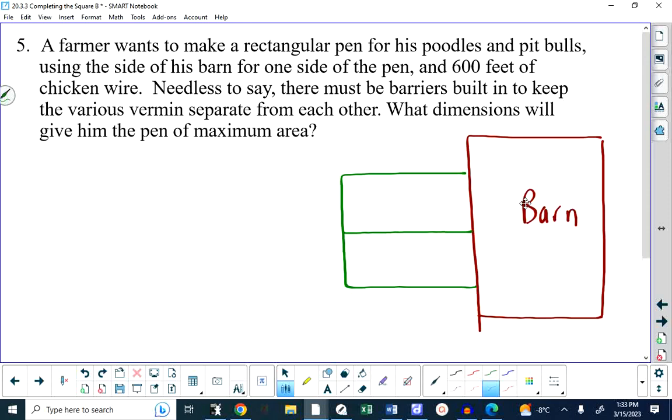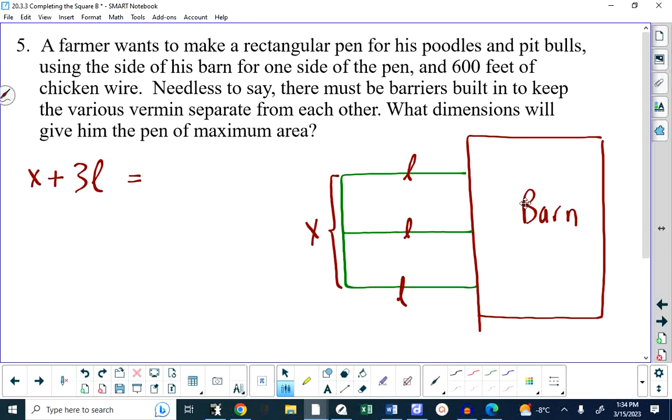What's the maximum area? We have to introduce a variable of x. And in my mind, I would put x as being that distance, this whole distance here. And you can call this L. But I want you to notice that this is L and this is L. Just read the question carefully.